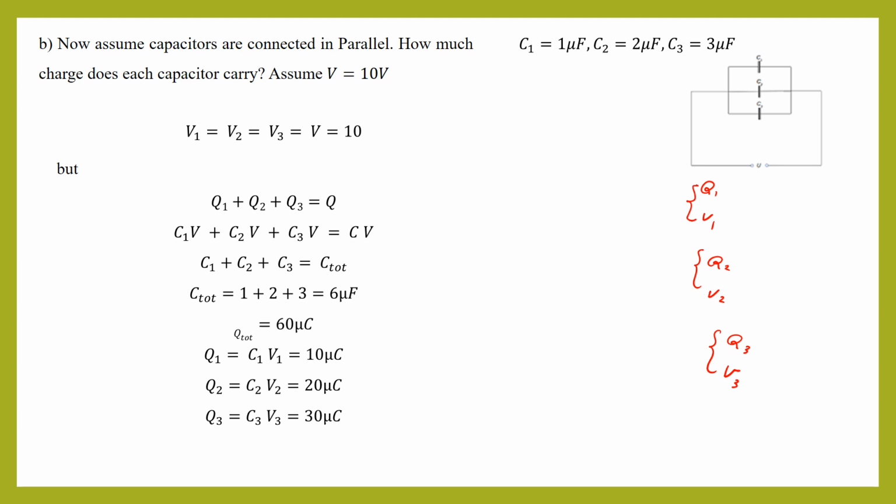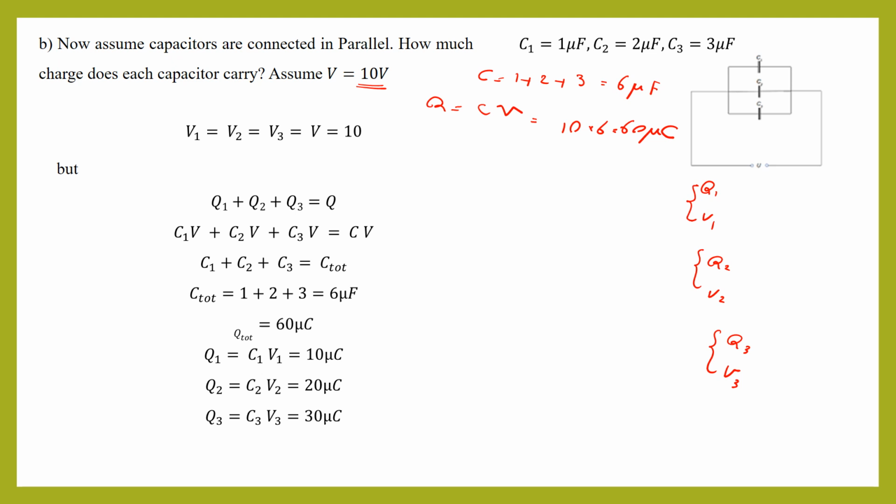Okay, C equals C1 plus C2 plus C3 is 6 microfarad. This times, everybody, the potential of 10 volt, Q equals CV, will be how much? 10 multiplied by 6 is 60 microcoulomb charge existing in the circuit.